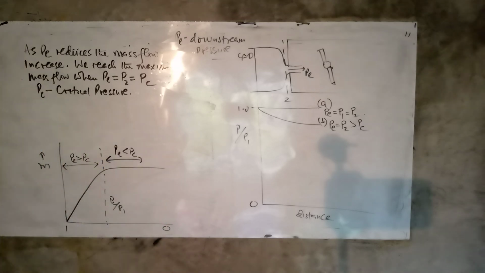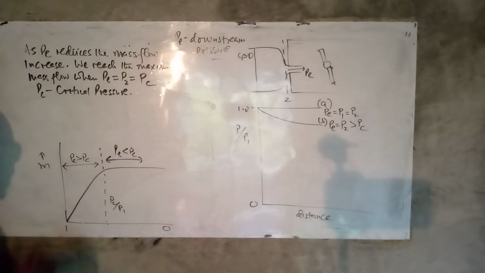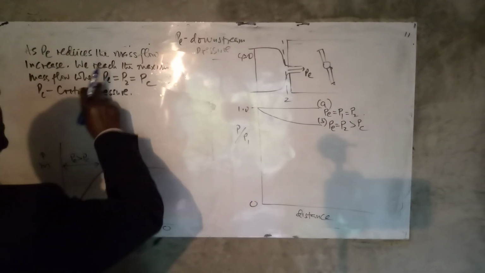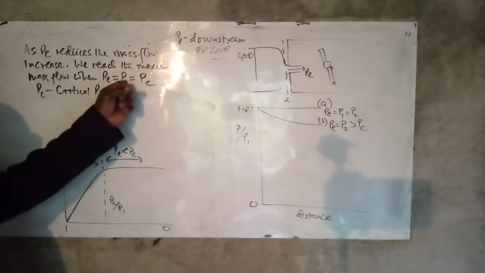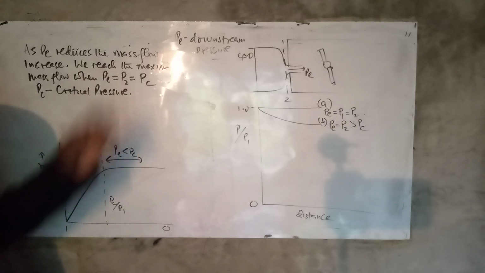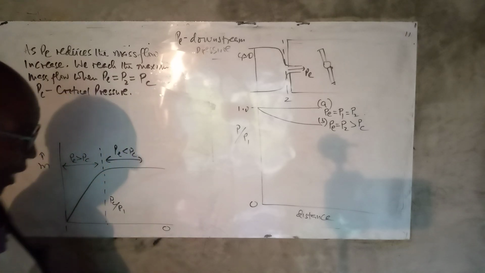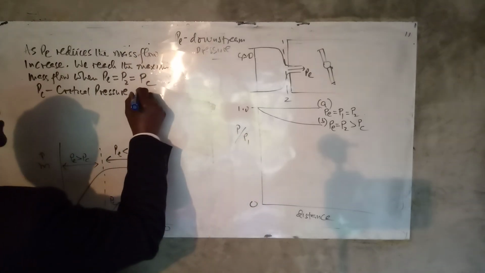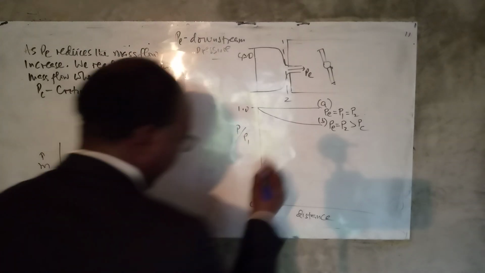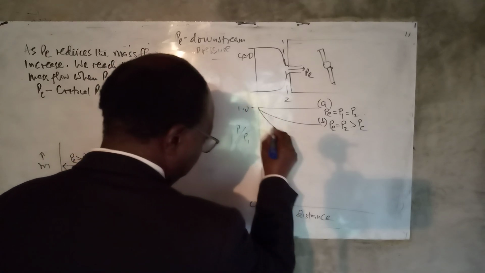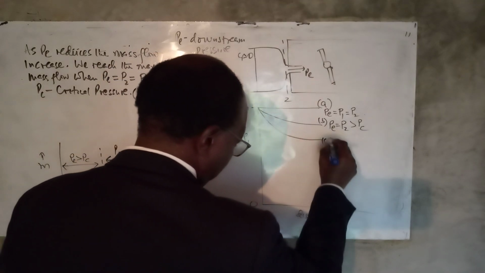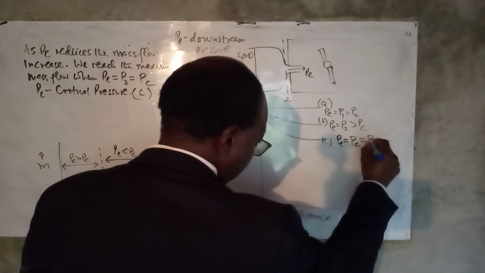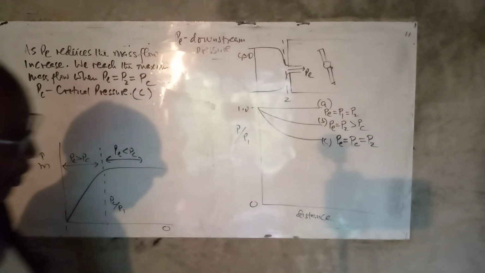So we have maximum flow at that point when PE, the downstream pressure, is equal to the critical pressure, which is also the same as the pressure at the plane at the exit of the nozzle. We can represent that with a curve, let's call it C for consistency. So we have curve C, where PE equals PC, and this equals P2.